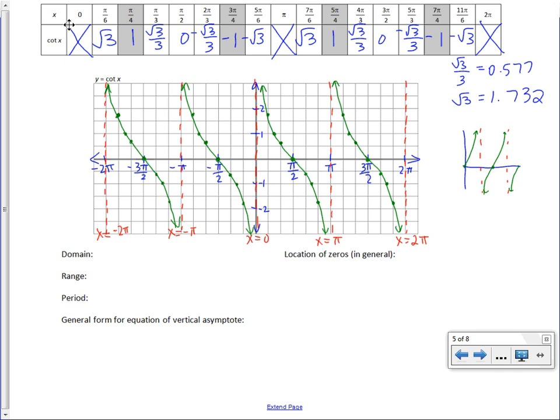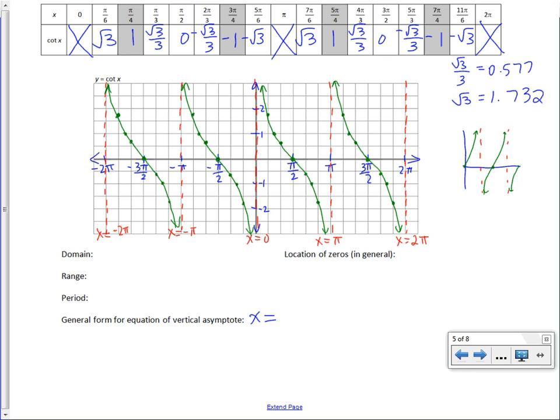So again, let's start with the vertical asymptote general location. How would you describe the location of all asymptotes here, generally? At every x equals 0, pi, 2 pi, negative 2 pi, every odd pi, every even pi, every pi.